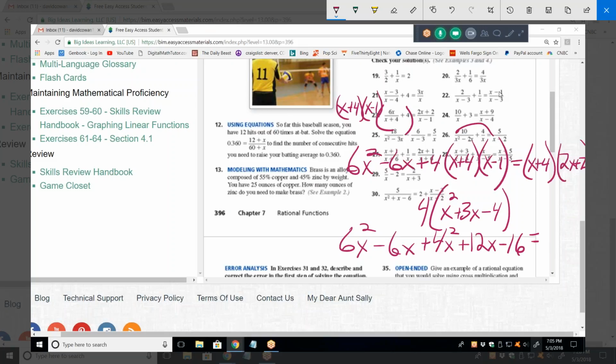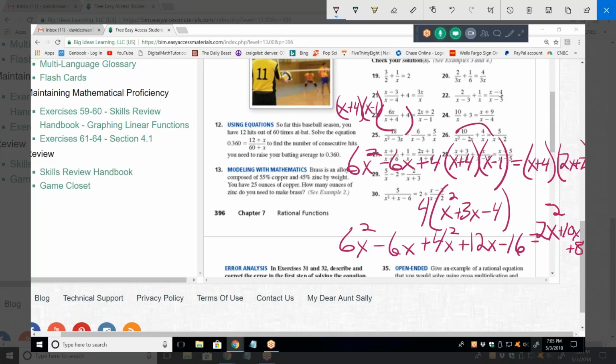What's my right side? Plus 2x, and then plus another 8x, so it's plus 10x, and then plus, I think that's 8.